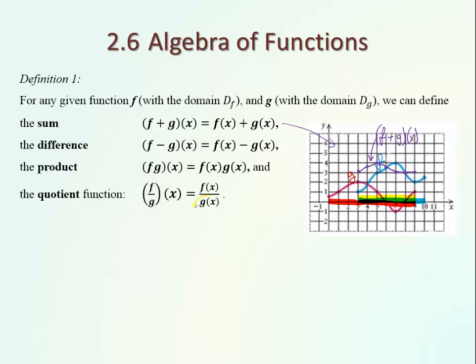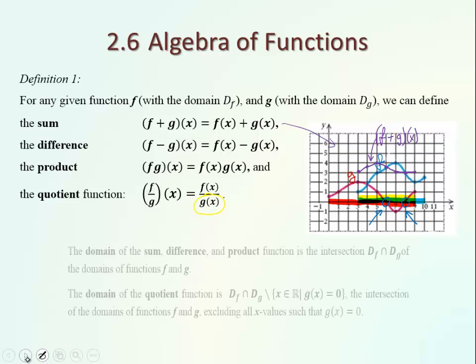However, we need to remember that as soon as g of x is equal to 0, such a function is not defined because we can't divide by 0. So the domain of f by g won't be just the intersection of the two domains, but we also need to remember to get rid of any points for which the denominator function equals 0. Any roots of the g function will have to be excluded from the domain.